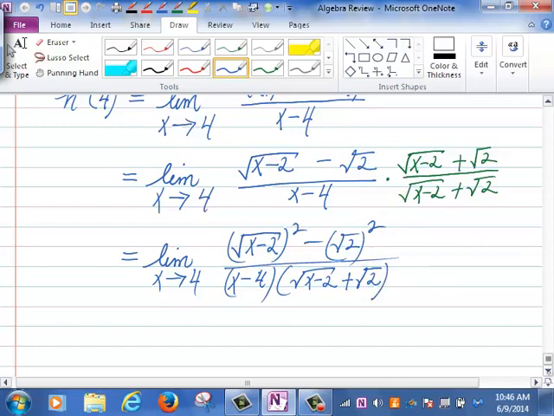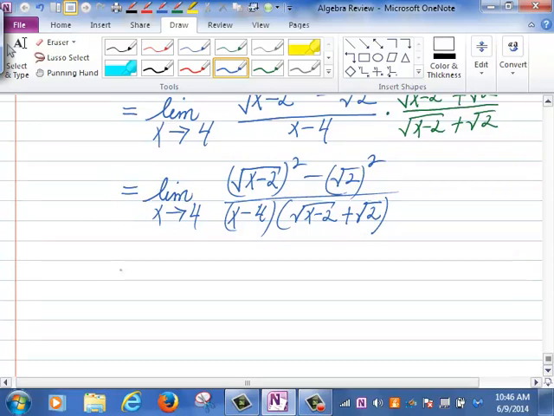Okay? The numerator becomes what? It is x minus 2 from the first one, and then from the second one I get negative 2, right? So I would be getting x minus 4.